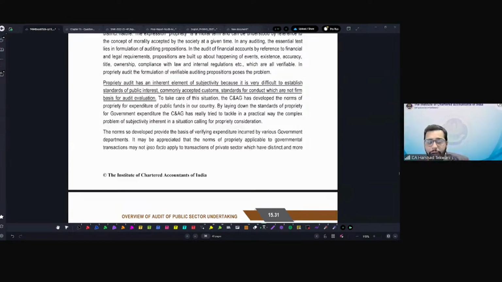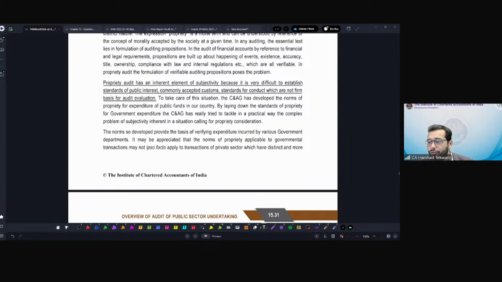There are norms for how to carry out the performance audit and compliance audit, but it is difficult to apply those norms to the proprietary audit. Simple example: in order to determine if there is a wastage of resources, you need to define what is wastage and what is not.